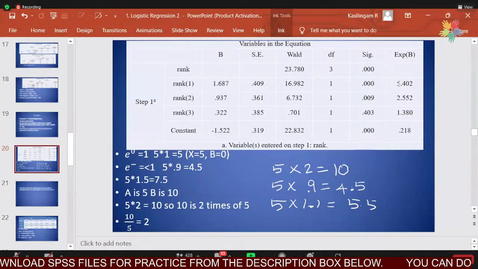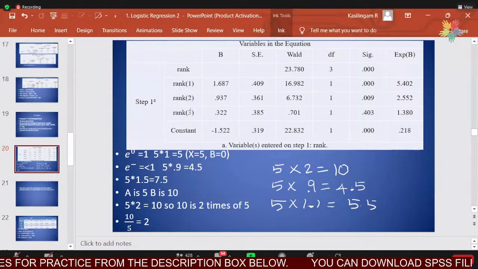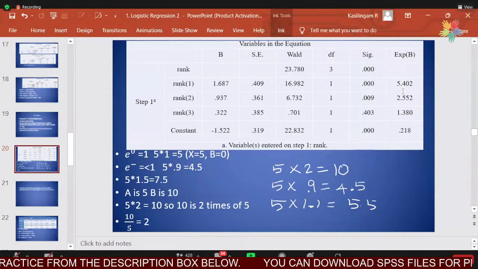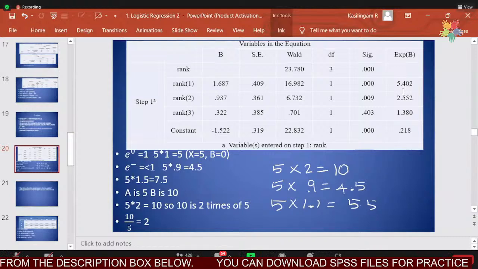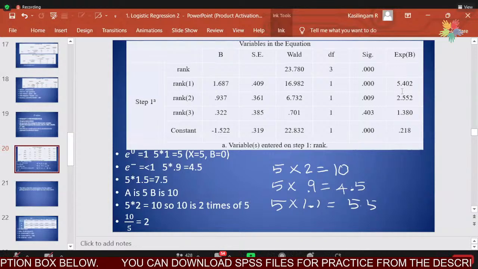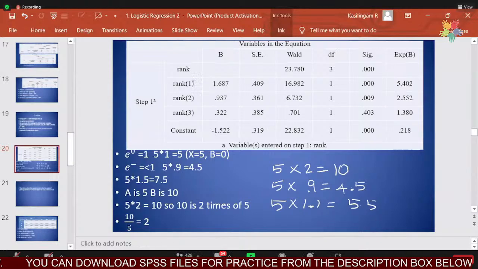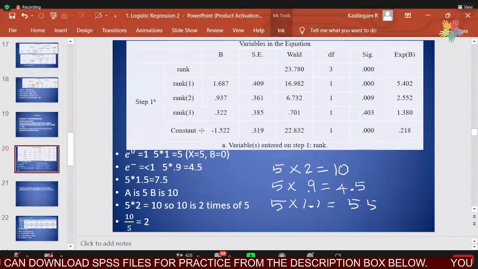How to write. My dependent variable is odds, and it is a category variable. So my odds of getting admission will increase 5.4 times for rank 1 when compared to rank 4.